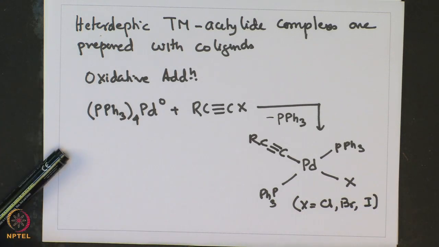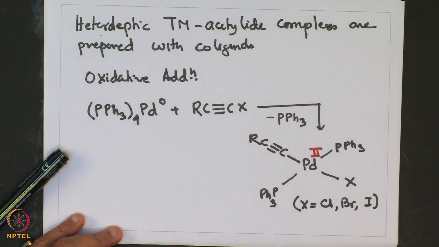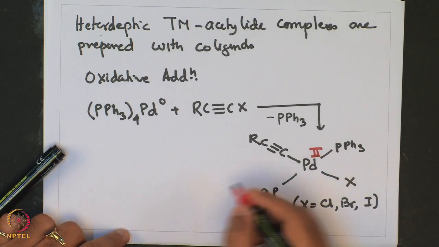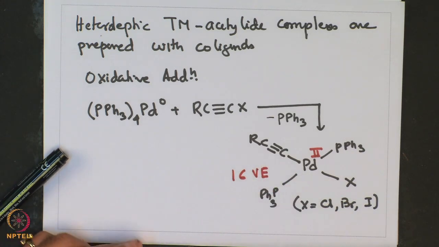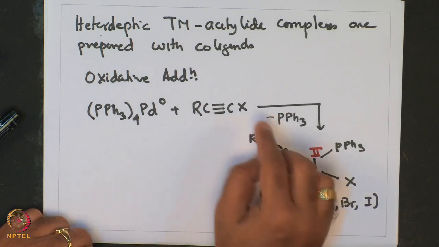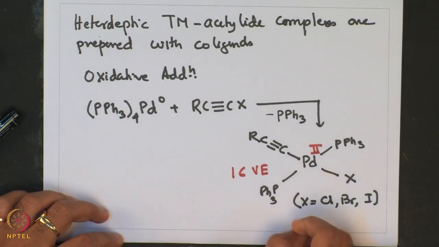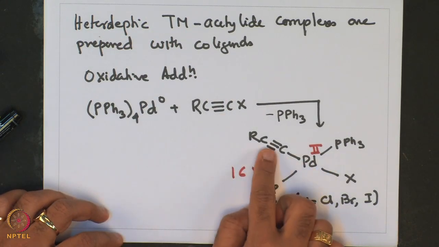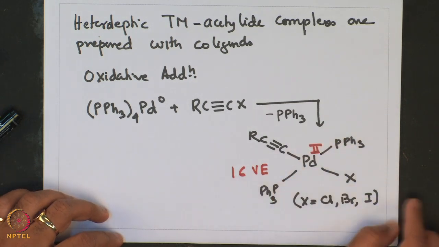Here the oxidation state of palladium after oxidative addition has gone on to become palladium 2, and this being a square planar complex, this is a 16 valence electron complex of palladium, and this reaction is a convenient way of preparing heteroleptic palladium acetylide complex, where the palladium acetylide moiety has been stabilized along with other co-ligands in making a monomeric complex of the type shown over here.